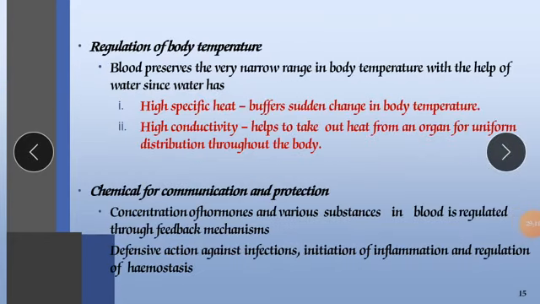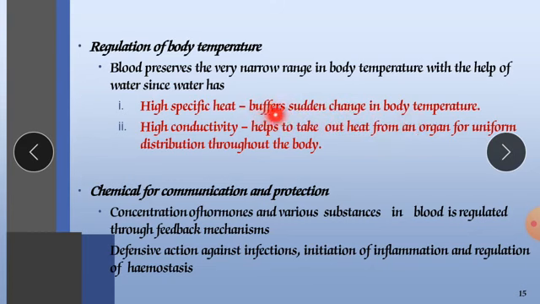Next function is regulation of body temperature. Blood preserves a very narrow range of body temperature with the help of water, since water has high specific heat. The buffer solution prevents sudden change in pH. So what is the role of buffer?